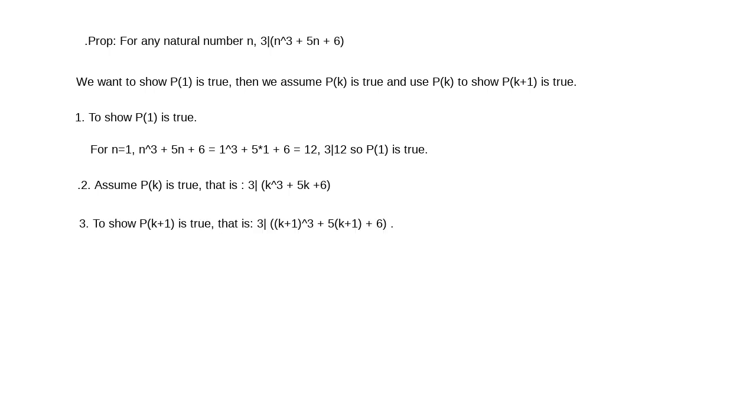Okay, so step 3, we need to show this. We want to show P of k plus 1. That means for n equals k plus 1, so n becomes k plus 1. That means 3 divides (k plus 1) cubed plus 5 times (k plus 1) plus 6.